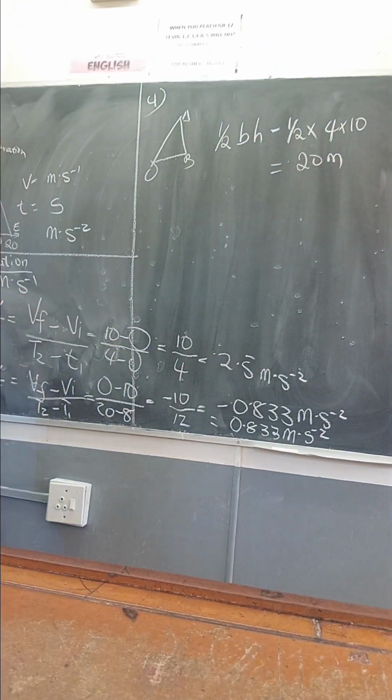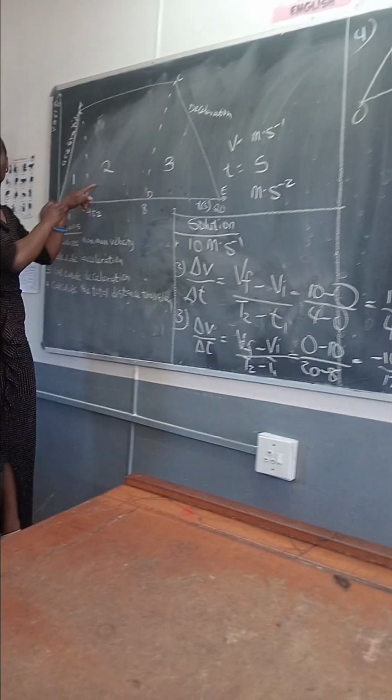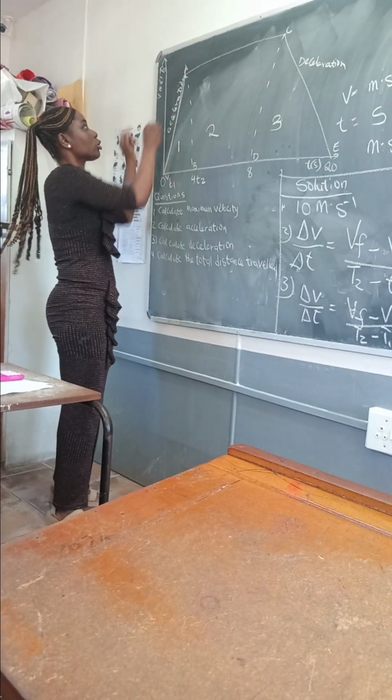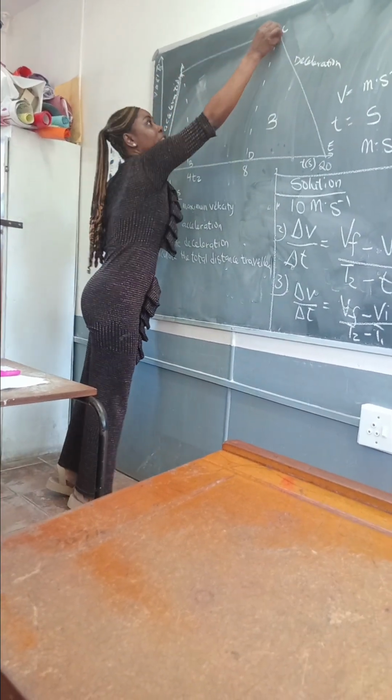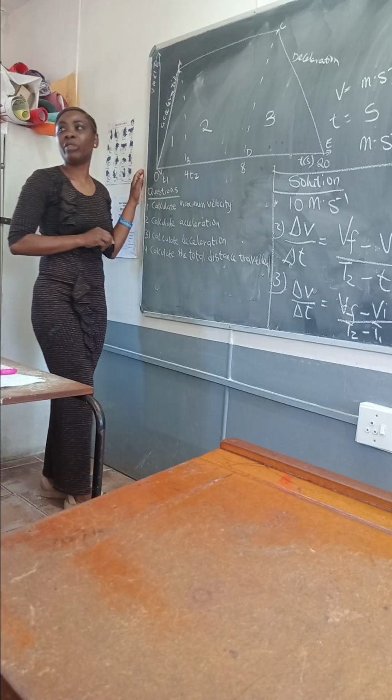We are done for that part. Now let's go to section 2. When you come to section 2, what is the shape? This is not a triangle, rather this is a rectangle.